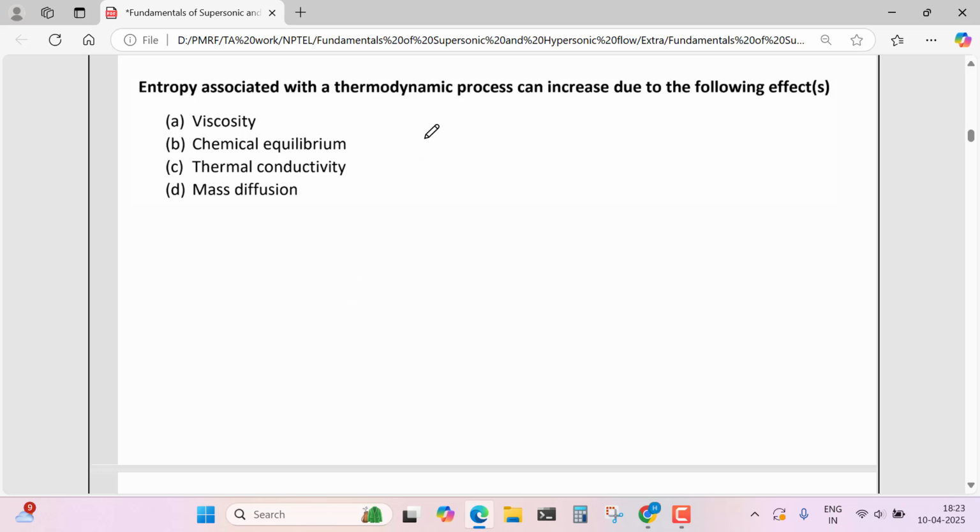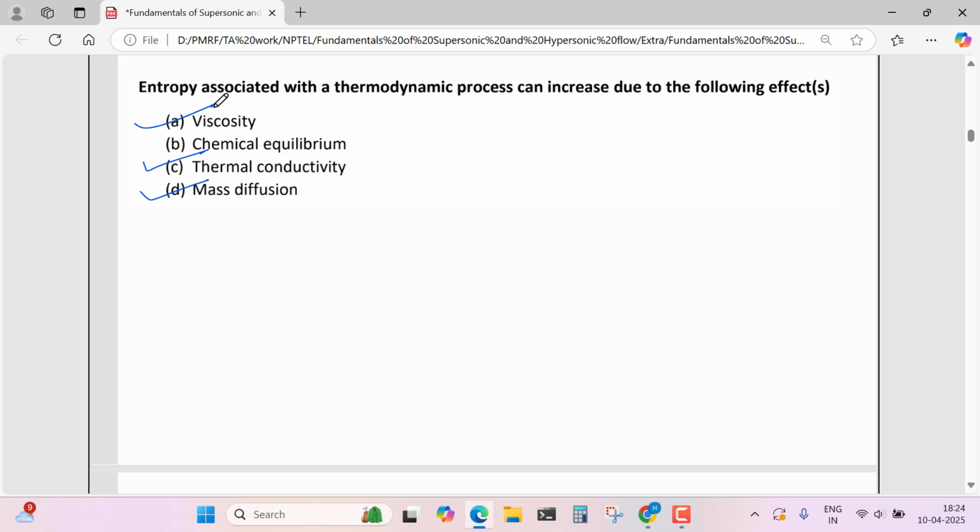So all kinds of effects which are responsible for non-reversibility are associated with increase in entropy. Viscosity, thermal conductivity, and mass diffusion all are related to non-reversible processes. That's why these can increase the entropy.